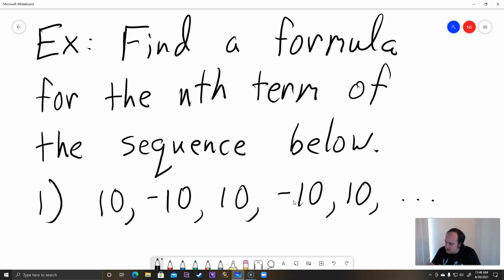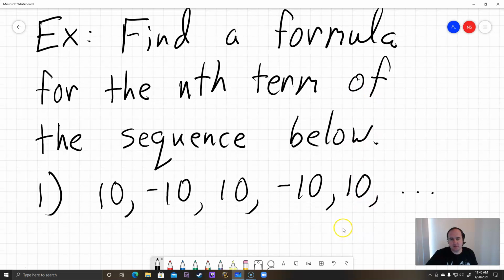So the 3 dots at the end means that it's an infinite sequence, so it goes on forever. This is actually how you can write a sequence if you don't have the formula for it. On the last one they gave us a formula. With this one, we don't have a formula and they're asking us to come up with one.